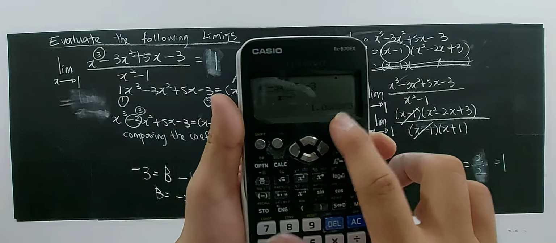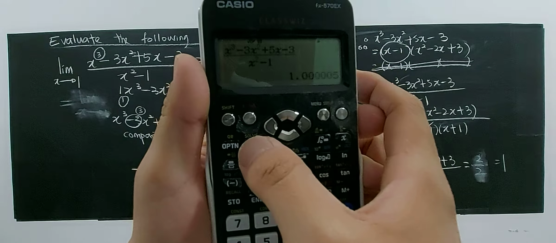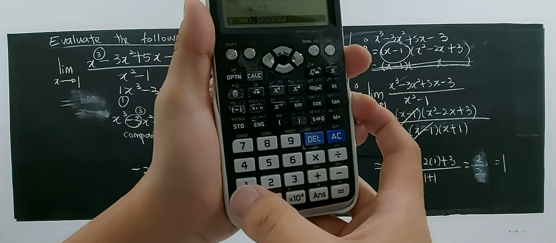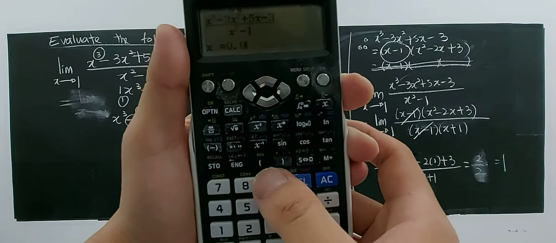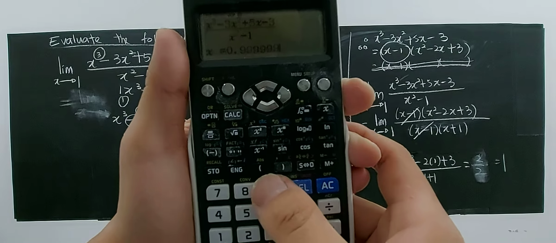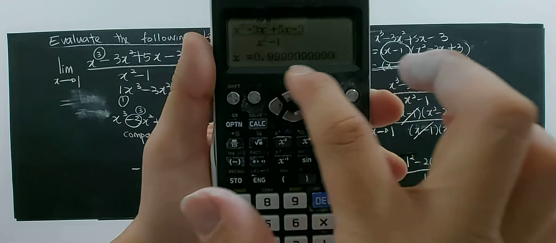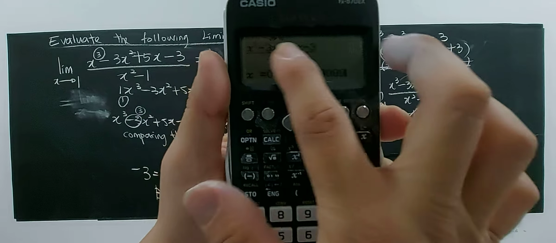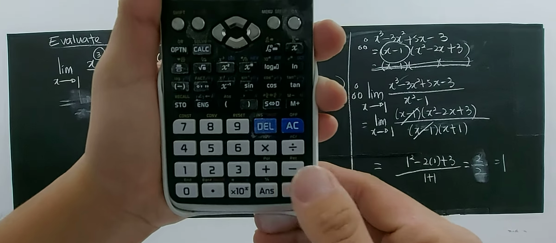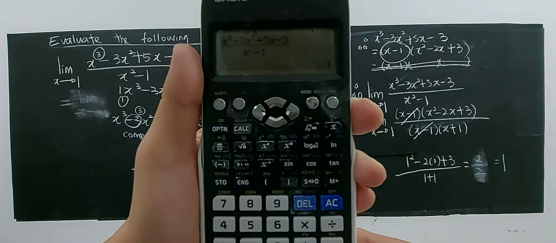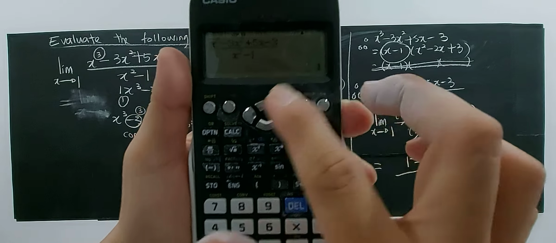It's near to 1. So if I want more exact, I calculate 0. Even more 9s here. Just now I pressed 5 nines, right? So now I'm adding more 9s, which means the nearer to 1, the better the approximation. Equal again. You see, I'm getting 1, right?